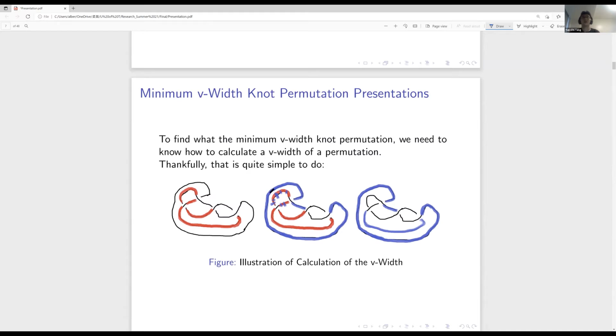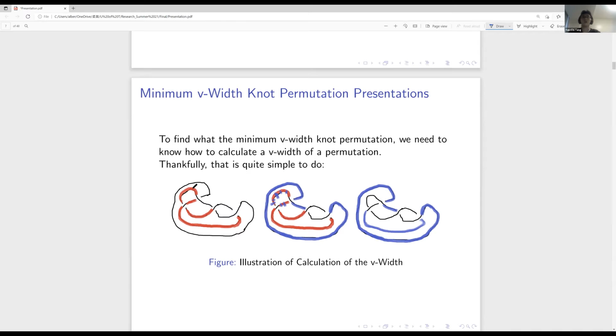So to find the minimum virtual width knot permutation, we need to show how to calculate the virtual width of a permutation. And to be more precise, I want to be able to do it computationally. Thankfully, this is not going to be hard to do.